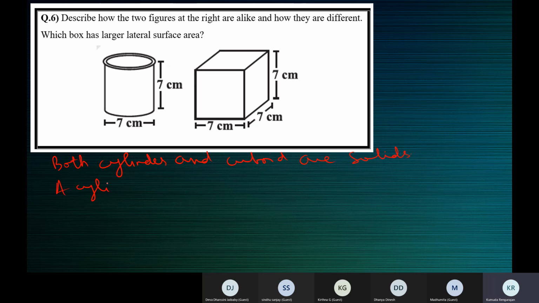A cylinder has no corners, but a cuboid has 8 corners.